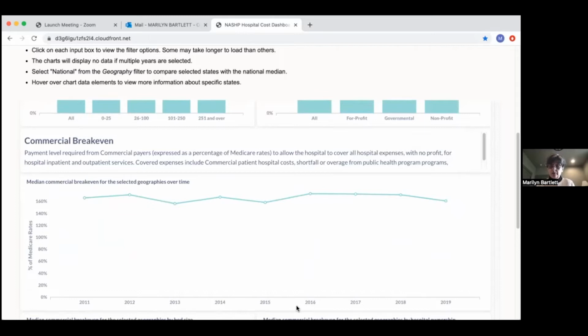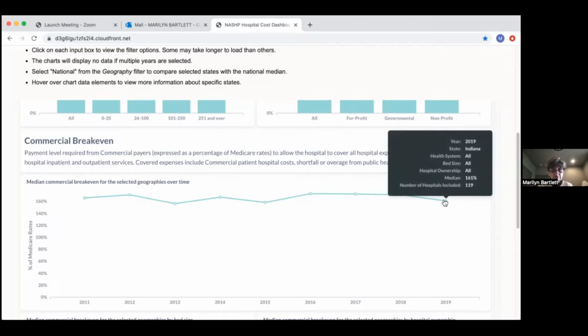Now, the commercial break even, we assume, would cover any shortfall in government programs. It would cover charity care, bad debt, Medicare Advantage shortfall, and the other covered hospital expenses. So this is not surprising for us. Indiana ends up a median 161%.